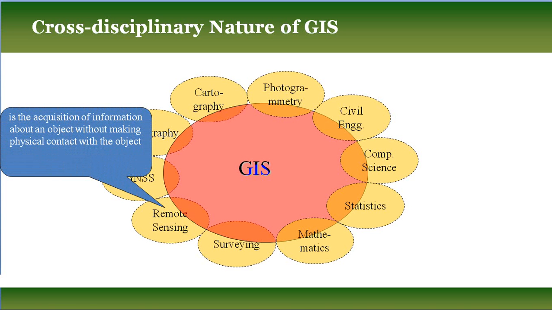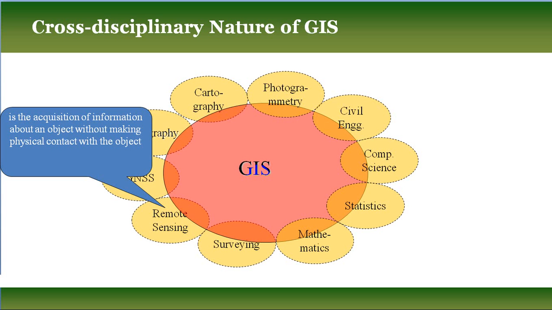Then remote sensing. It is the acquisition of information about an object or area without making physical contact with the object, without making any contact with the building or tree. If you can collect their information from far away, that is called remote sensing.